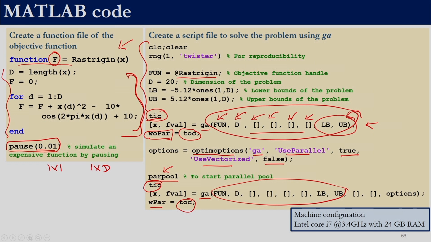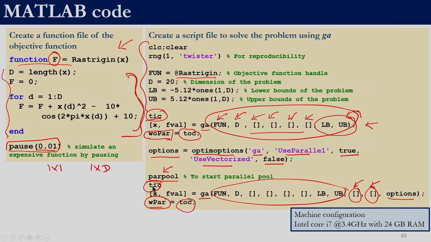For us to provide these options, we also need to specify whether we have nonlinear constraints or not, or if we have integer variables. In this case we do not have nonlinear constraints and we do not even have integer variables. So, again we give empty brackets and then we provide this options variable, which is the name of the variable we used over here. Now when we compute this, the time taken for solving this problem will be stored in W par.